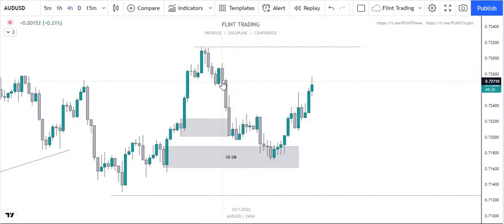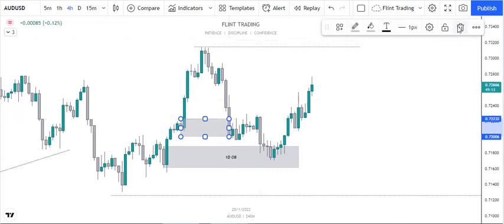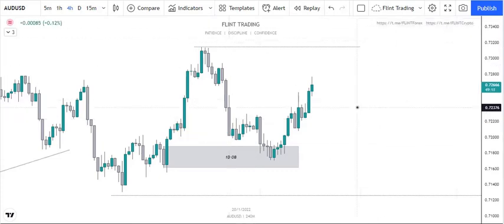The momentum, the way price was delivering into this zone was so strong, that was the reason I avoided this trade. I avoided taking longs from this zone here. All right, so it's really important to consider the way price is being delivered into your zones. So this zone, I just avoided that.